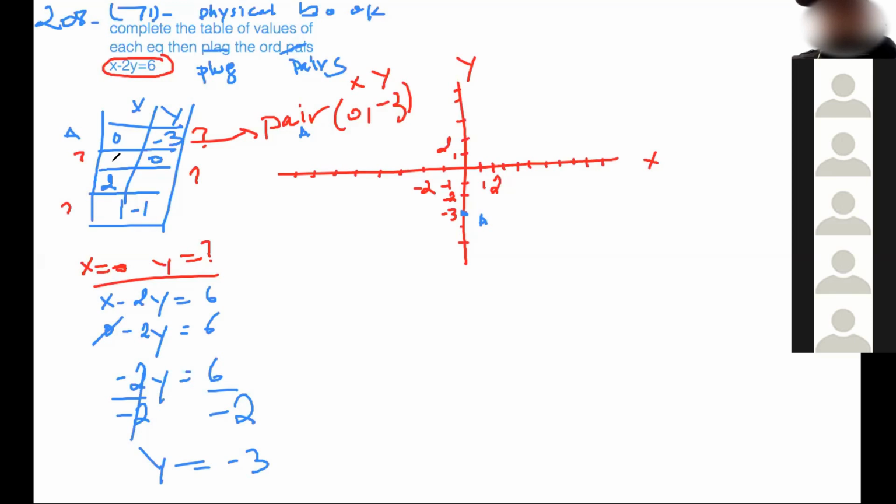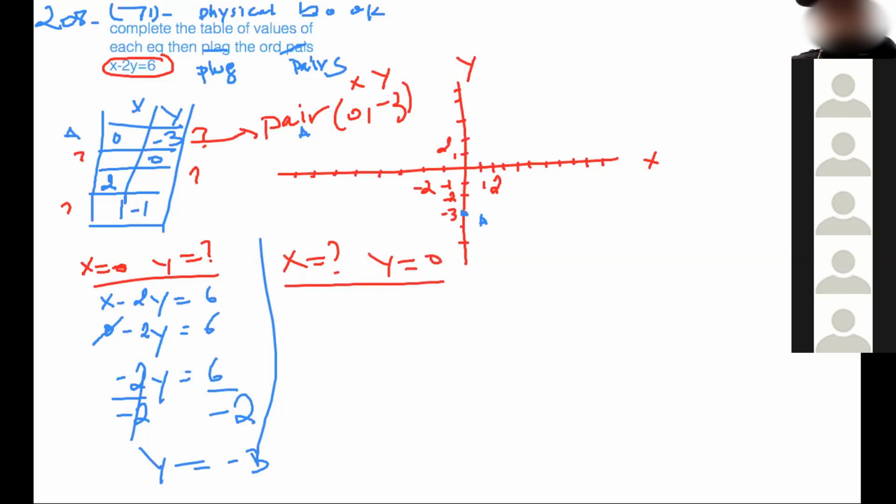Then we repeat the same process for the rest of the pairs. Let's do one more. This time, what do we know? We know the y, but we don't know the x. We do know that the y is 0.